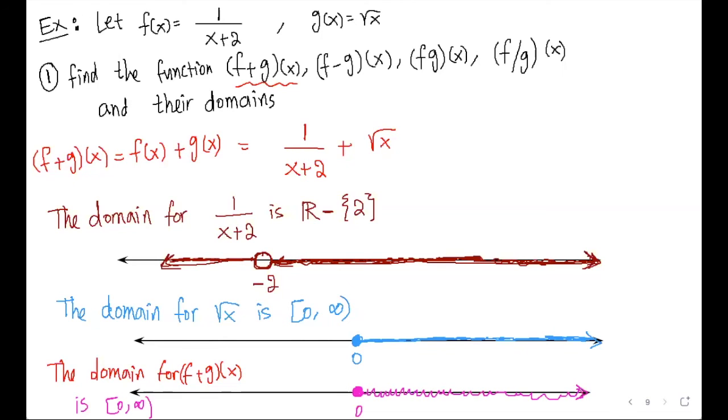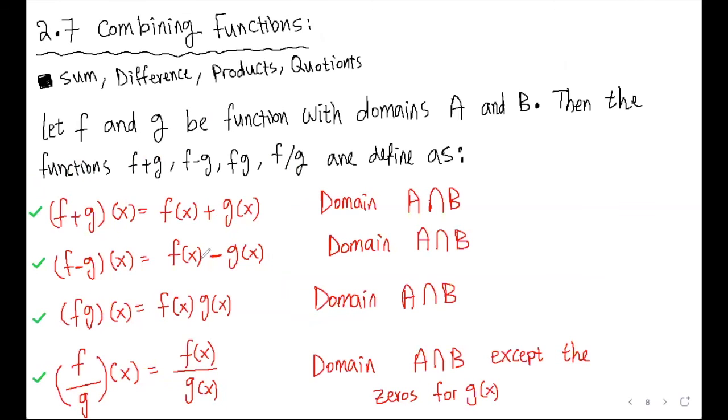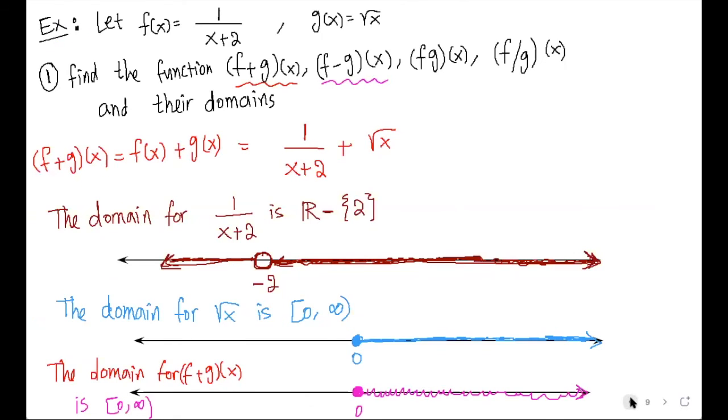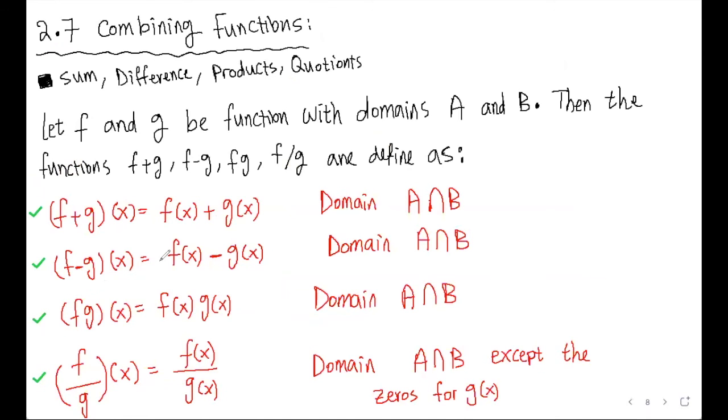Okay, for the second example, f minus g of x. By using the rules, f minus g equals the first function minus the second function, and the domain is the same as the sum.